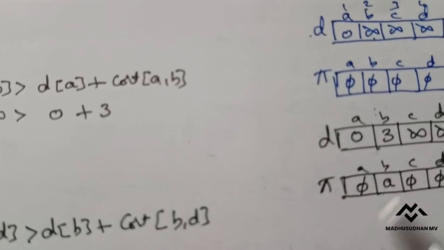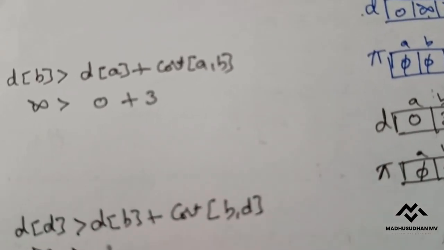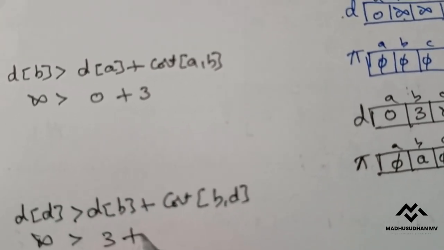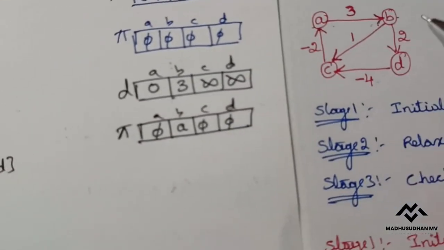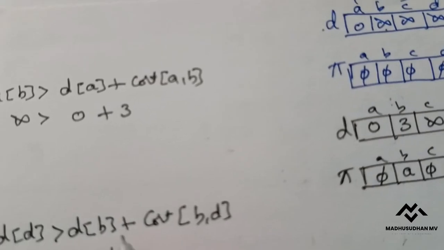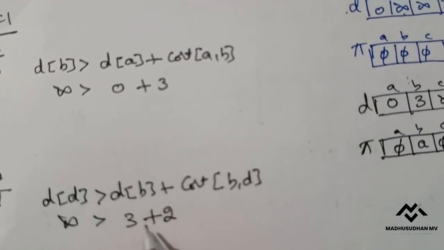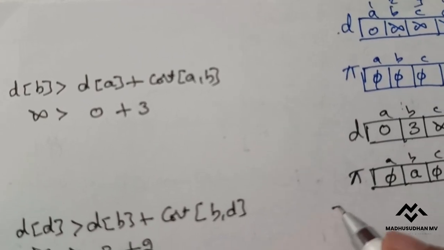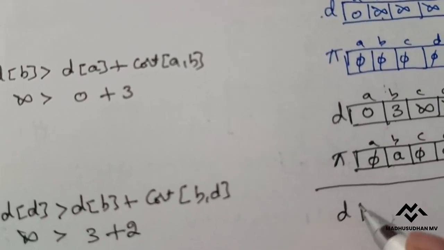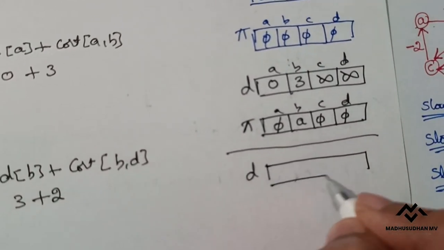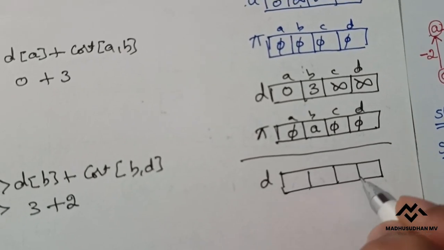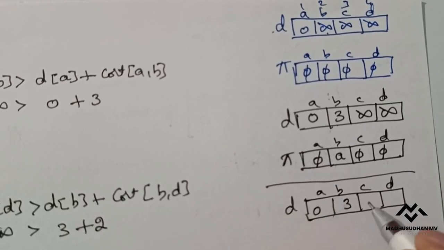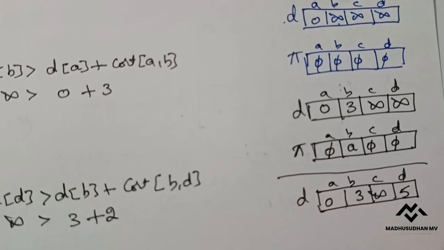Distance of D is infinity, greater than distance of B, which is 3, plus cost of B to D, which is 2. So infinity greater than 5. True, we come inside, and 5 is assigned to distance of D.